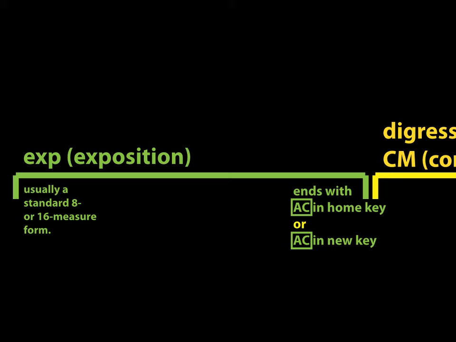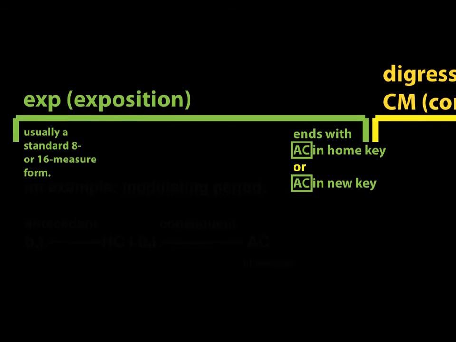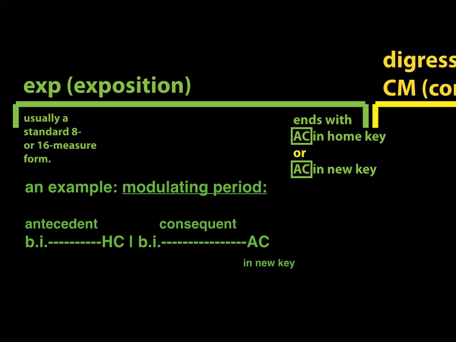Let's write an exposition of a small ternary movement. I'm going to make this a modulating period. Just to remind you, a period, also called a parallel period, is when you have two phrases and they both begin with the same musical idea. I'm calling that musical idea a BI, which stands for basic idea.